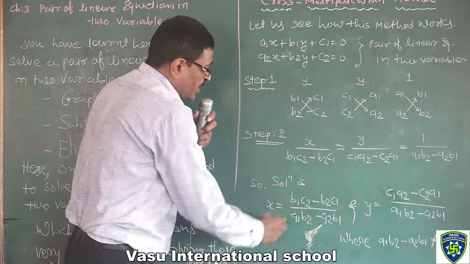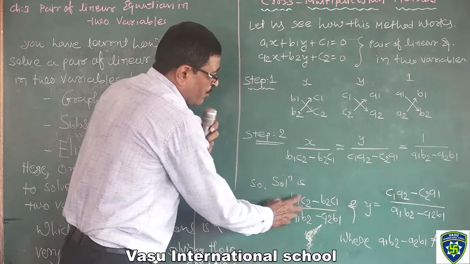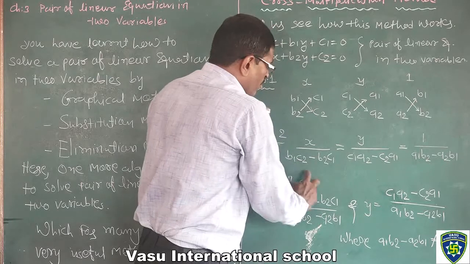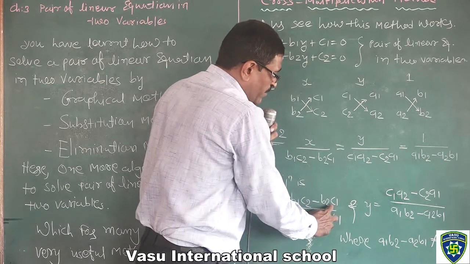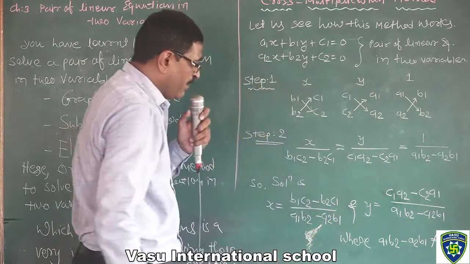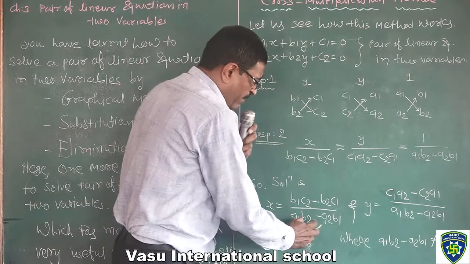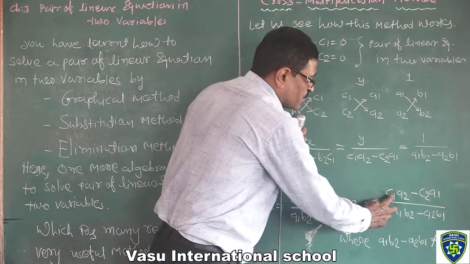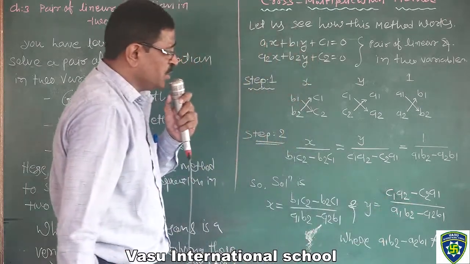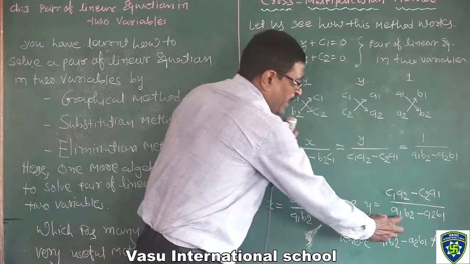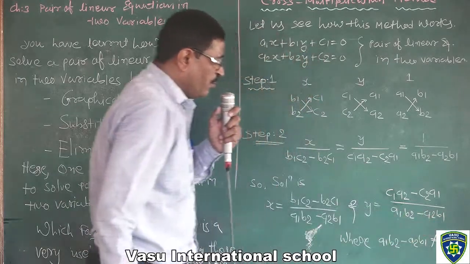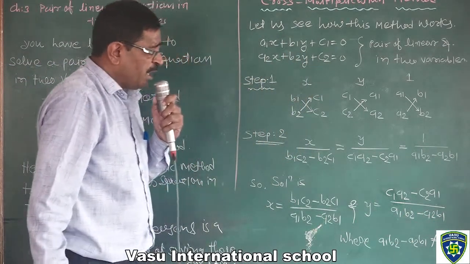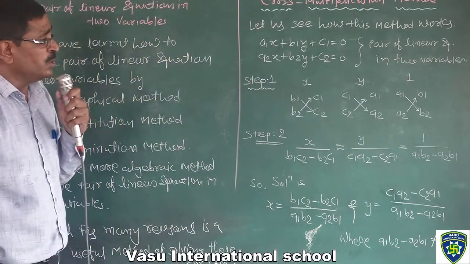So the solution is x equals b1 c2 minus b2 c1 upon a1 b2 minus a2 b1, and y equals c1 a2 minus c2 a1 upon a1 b2 minus a2 b1, where a1 b2 minus a2 b1 is not equal to 0.